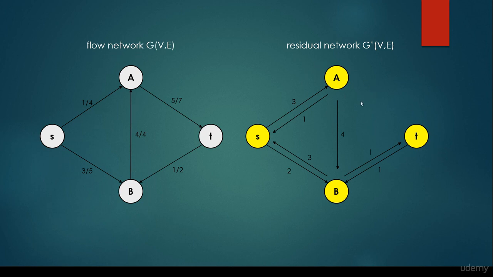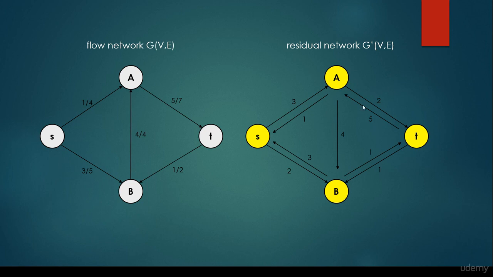What about this edge? Basically, we see that we have 7 capacity and we have already flowed 5 units. So we are able to flow 2 more units in this given edge. And we are able to send back, so basically flow in the opposite direction, 5 units. Why? Because 5 plus 2 is equal to the original capacity of the original edge in the flow network.